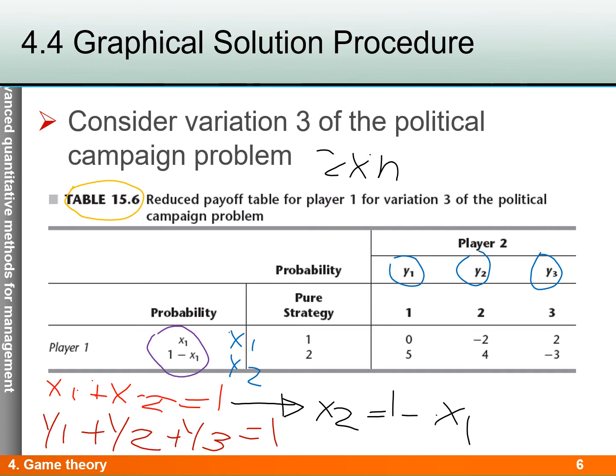So our aim is to find these probabilities, the side that we have two size, okay, the size of 2, and finally find the value of the game. The next slide, I will explain more this item.